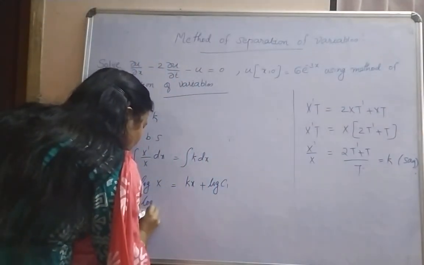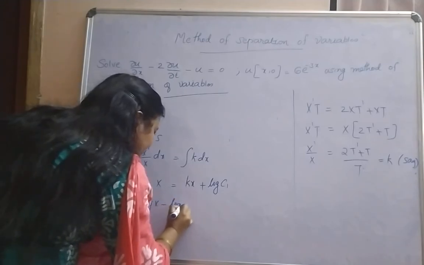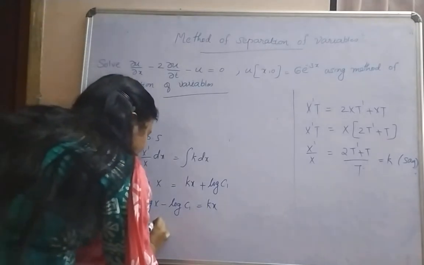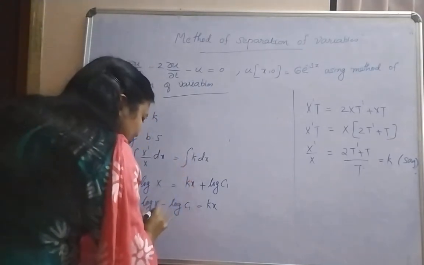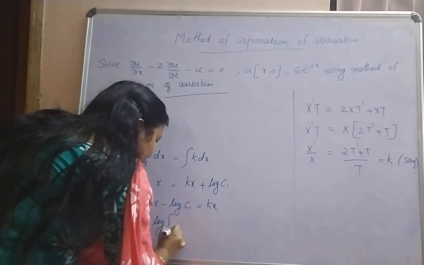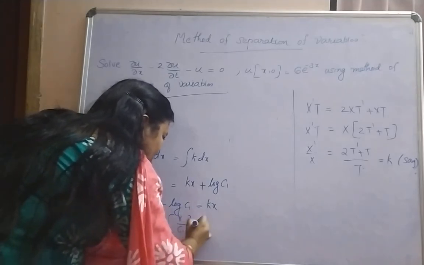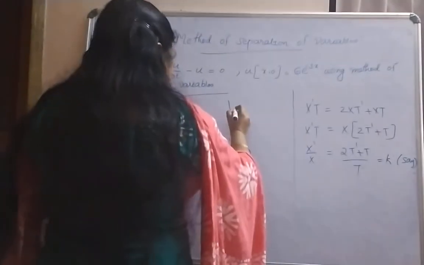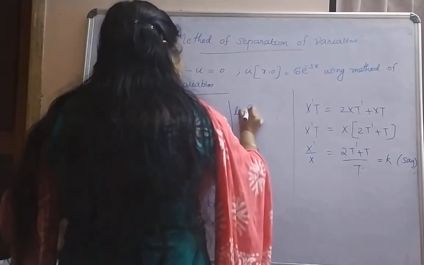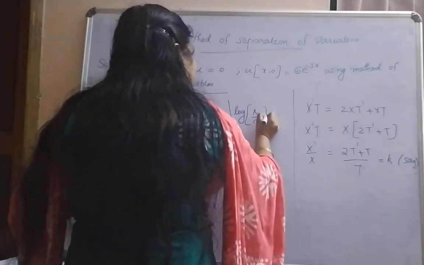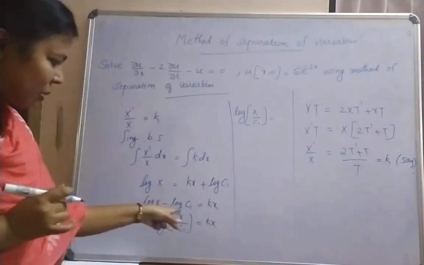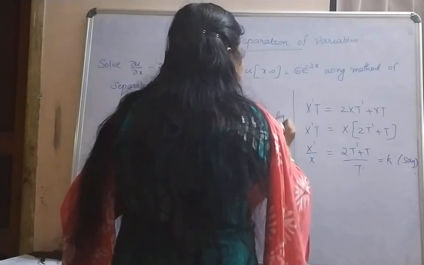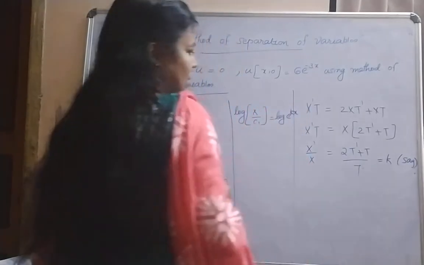Then log X minus log c1 equal to kx. That is, log a minus log b is log a by b. Log (X/c1) equal to kx. Now we write this kx as log e raised to kx.